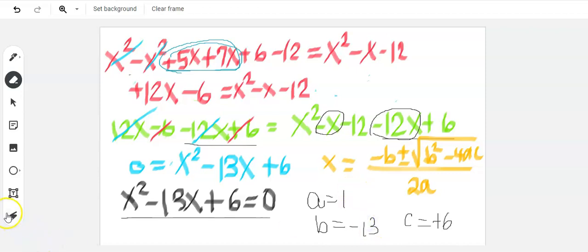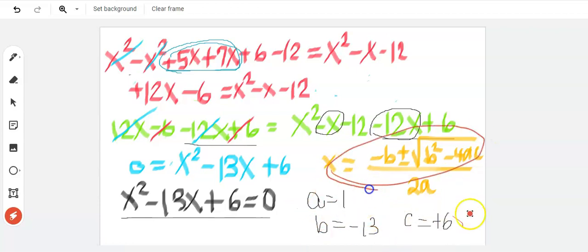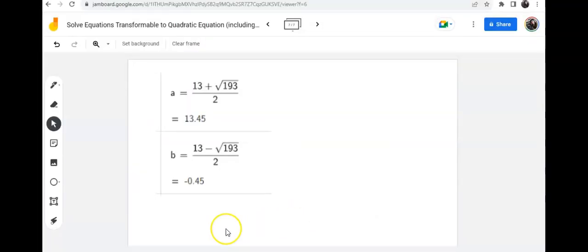Just substitute these values into the quadratic formula: replace b with negative 13, c with positive 6, and a with 1. The correct roots for exercise number 3 are 13 plus the square root of 193, over 2.